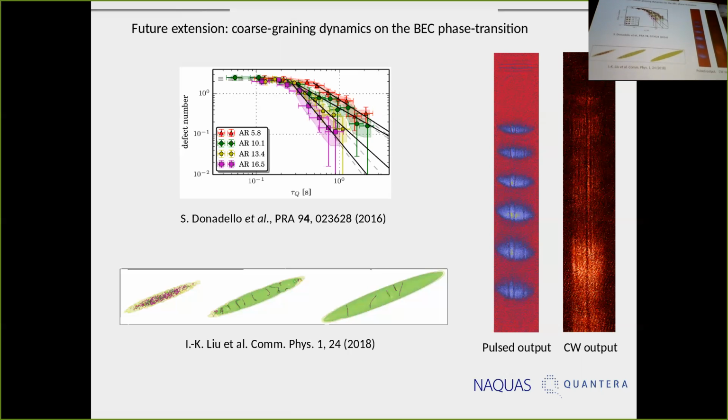I was wondering, could you extend your movie technique to also look at the 3D projections, probably by changing polarizations quickly so that you get a nice 3D tomographic image? The problem is that it's not a tomographic imaging that we are doing. What we are doing is like cutting a slice of a salami.